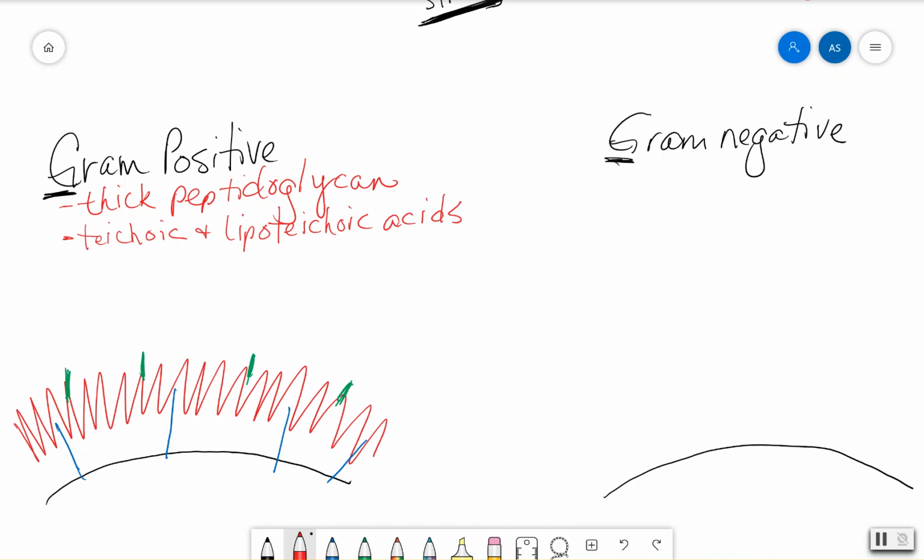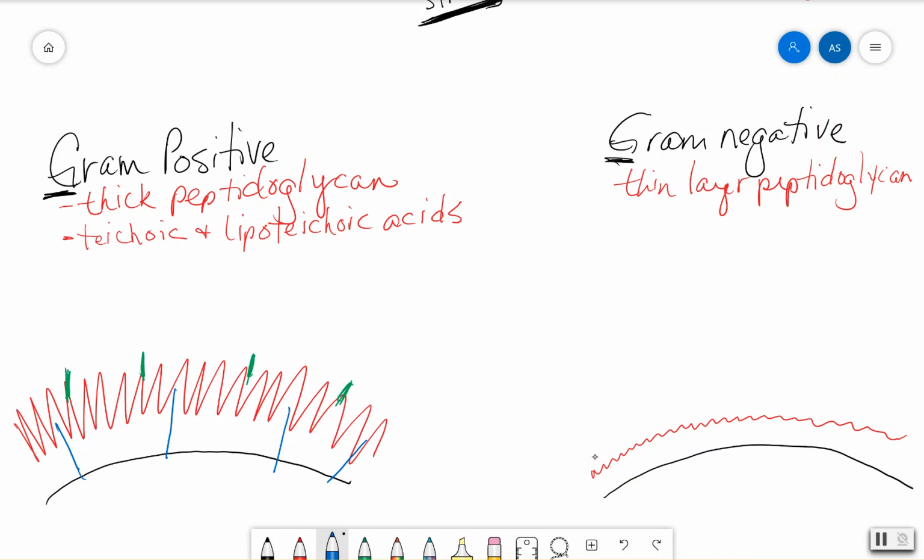If we go over here to our gram-negative cell wall, we have our cell membrane, and then to the outside of the cell membrane begins our cell wall structure. It has a thin layer of peptidoglycan. And to the outside of the peptidoglycan is another membrane now.